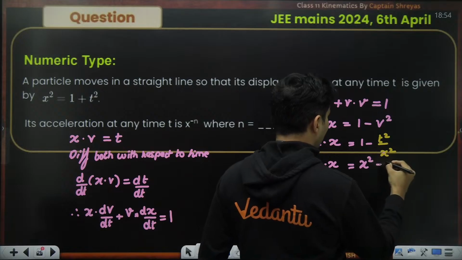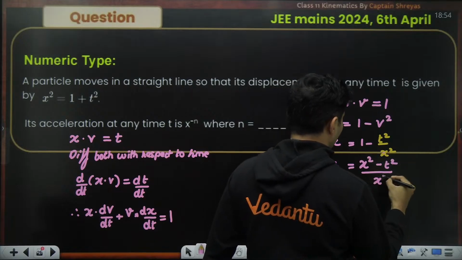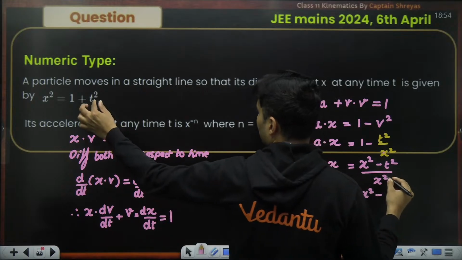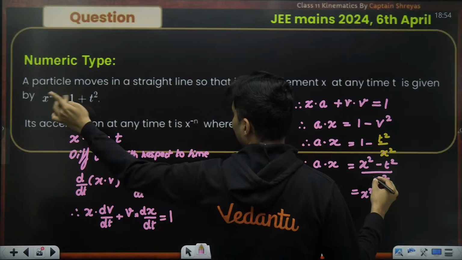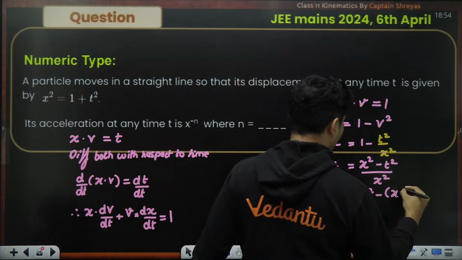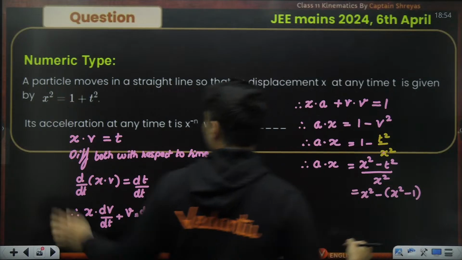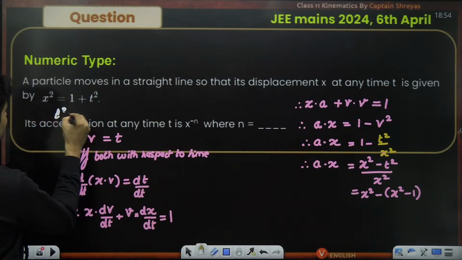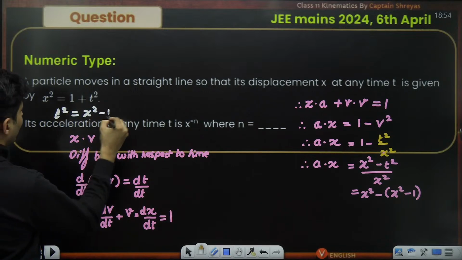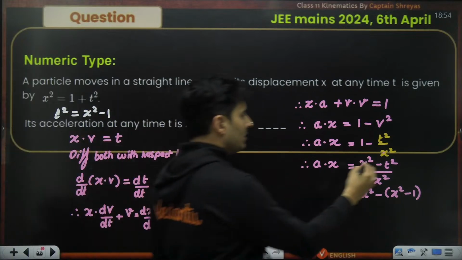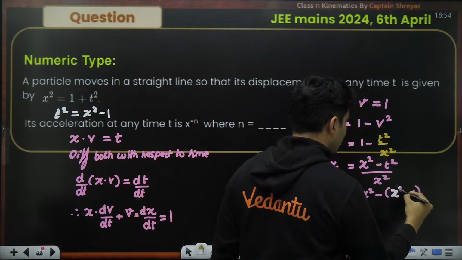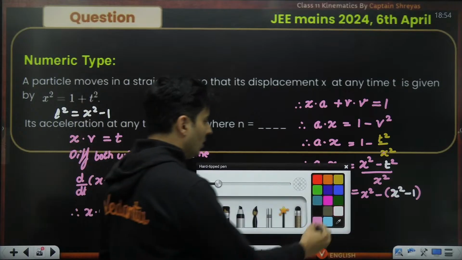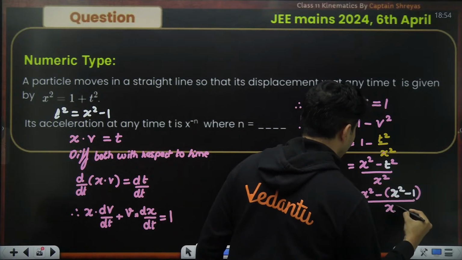X square minus t square by x square, and we can see that t square is x square minus 1. Can you see that from here? T square is nothing but x square minus 1. So that's what I've done over here. I've substituted it. All right, denominator as it is x square.